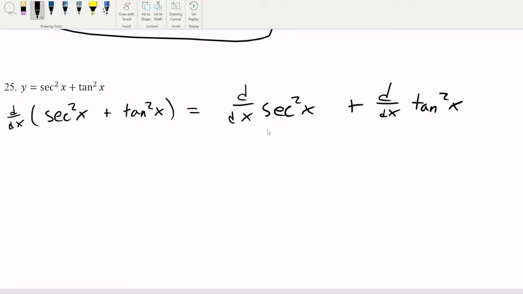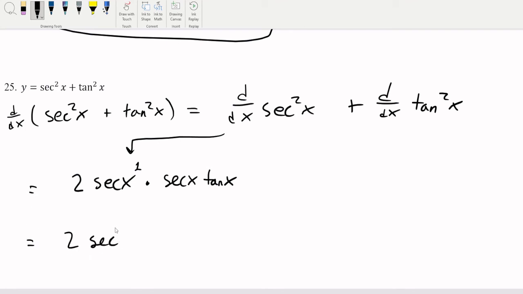So you can write it all out, but it's not too bad to get used to this. 2 secant x times, because this is now a 1 power on here, the derivative of secant, which is secant tan. All together, this is going to be 2 secant squared tan x. So I'm doing chain rule here. The outside function is square something. The inside is secant.